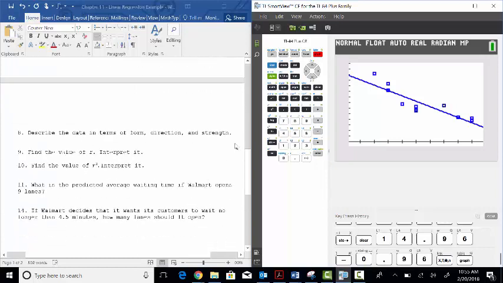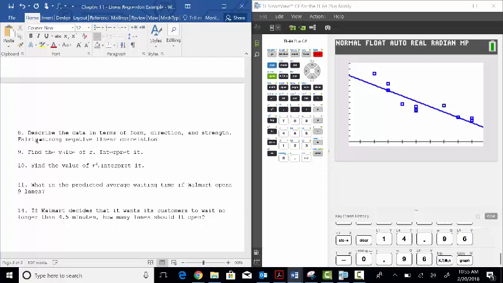All right, so the next thing says, describe the form, the direction, and the strength of your graph. So that's a common question that they ask when they're talking about regression. So you want to give the form, the strength, and the direction. I mean, this is a pretty good line that's going through this data. So I would say it's a fairly strong negative, since it's sloped downwards, linear because it's in the form of a line, correlation.